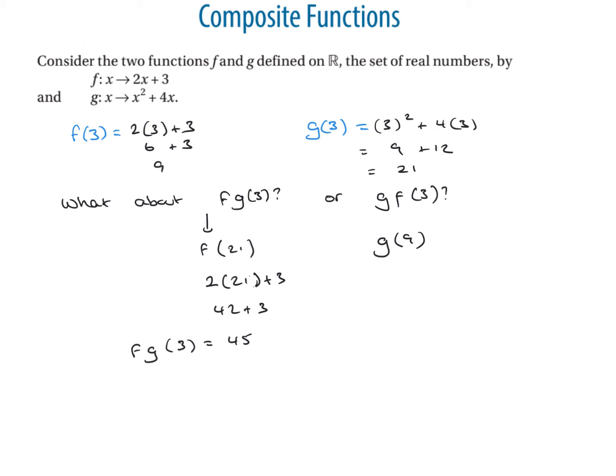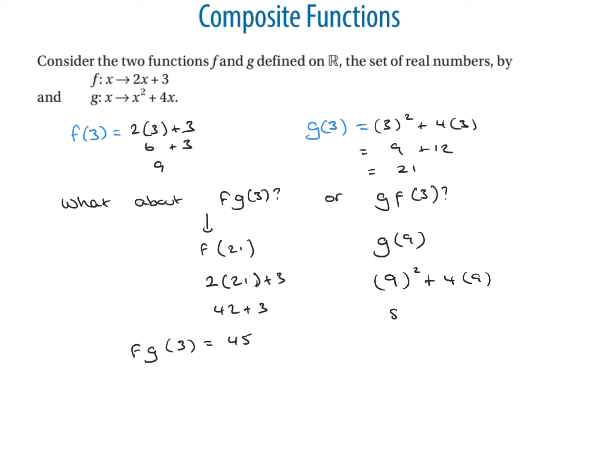I'm going to look at my g function, and my g function states that it's x squared plus 4x. The number I'm going to stick through now is 9, because that was the answer to my f of 3. So that's going to be equal to 9 squared plus 4 by 9.